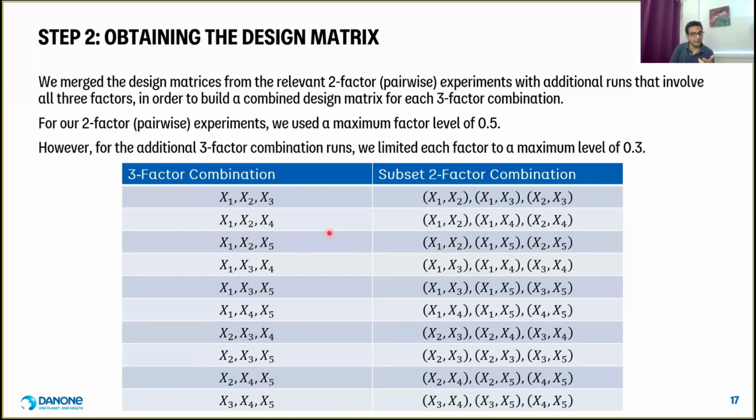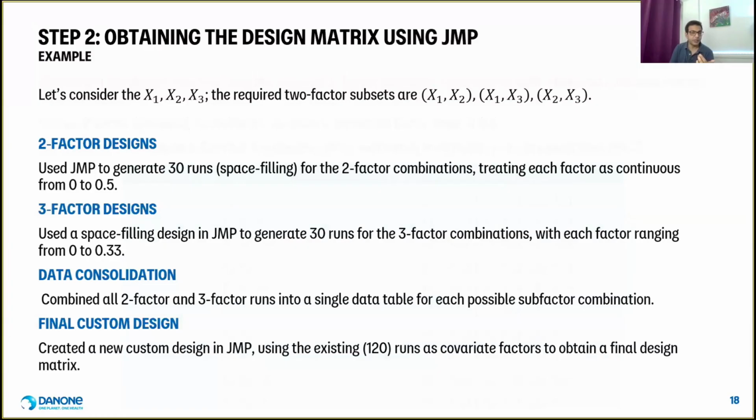And if we go into a little bit more detail for only one particular combination, the approach looked as follows. First we design two-factor combinations using a space-filling design, and we treated them as a continuous matrix from 0 to 0.5. Then we did the same for the three-factor design, but we considered it to be ranging from 0 to 0.33.